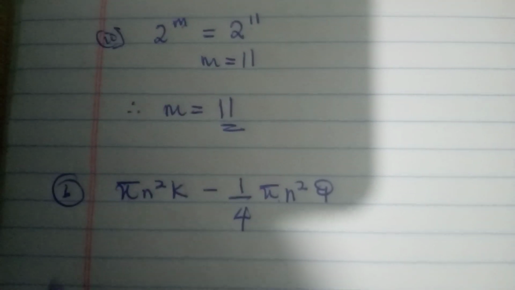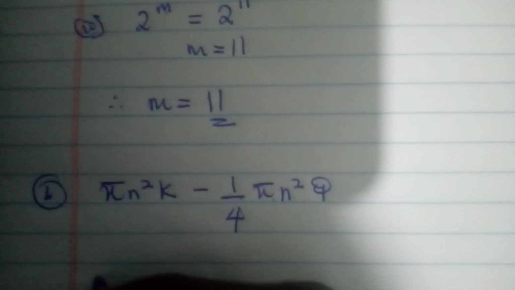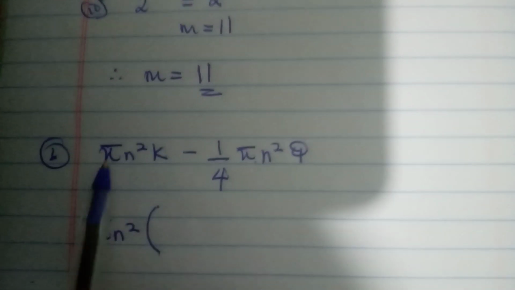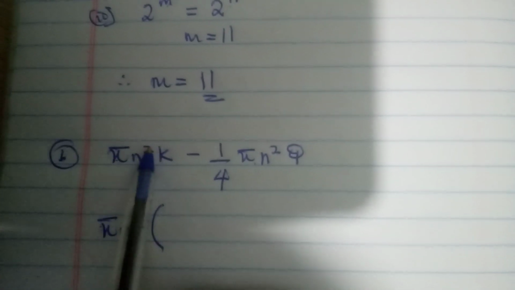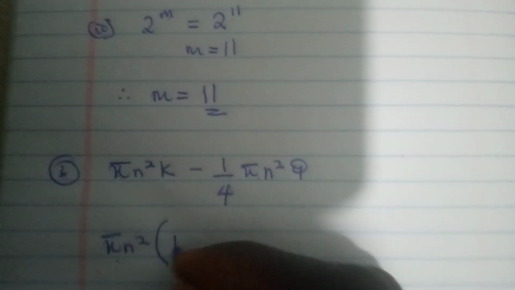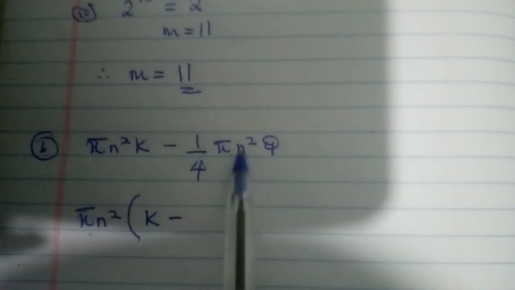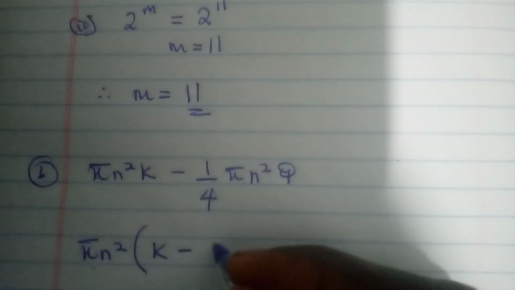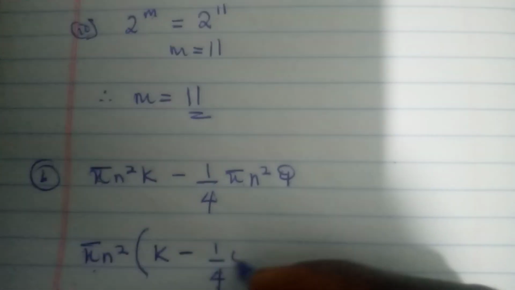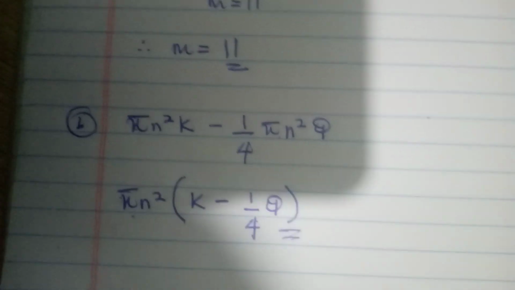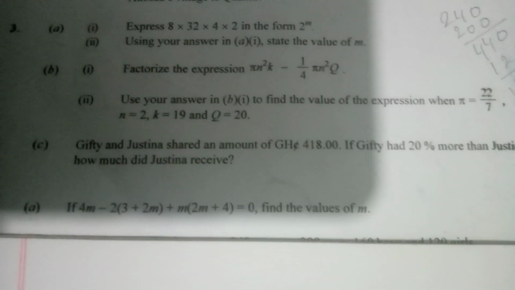So we factor pi n squared out. Once you factor out, you introduce a bracket. So if I factor pi n squared out, what am I left with? I'm left with k minus 1 over 4q. This is what I'm left with after the factorization. The question just said factorize. That is number 3bi.